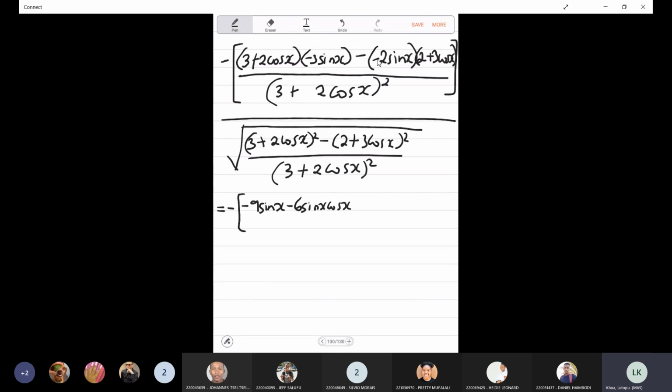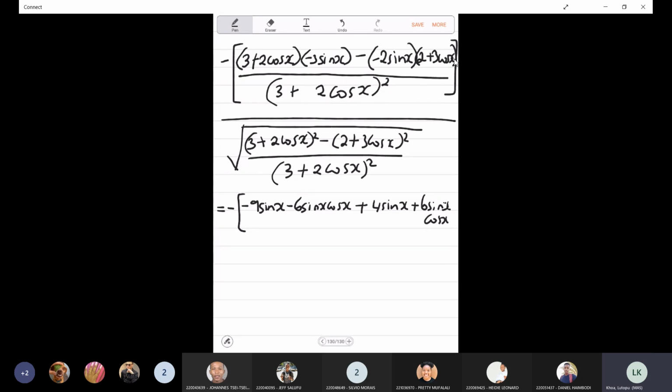And then we say negative and negative makes a positive. So I have 2 sine x times 2, which is 4 sine x. And then I have 2 sine x times 3 cos x, which is positive 6 sine x cos x.